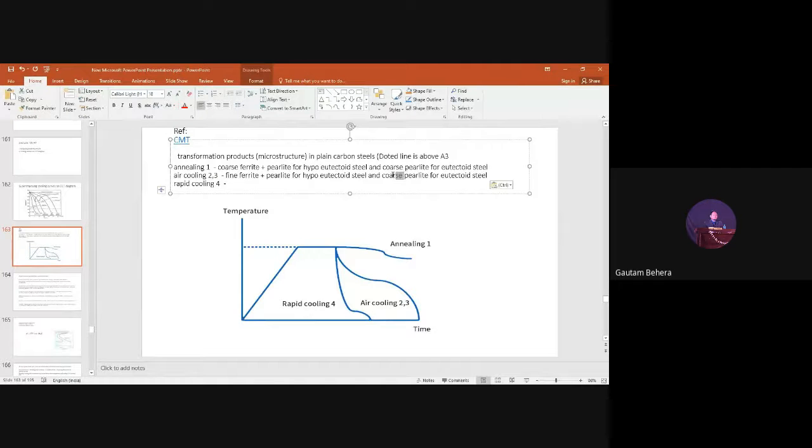And fine pearlite for eutectoid steel. Okay, very good.